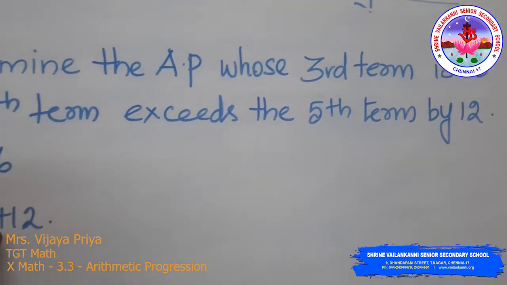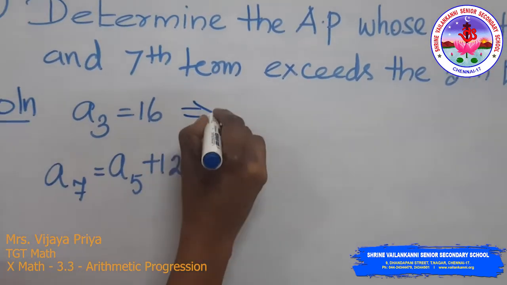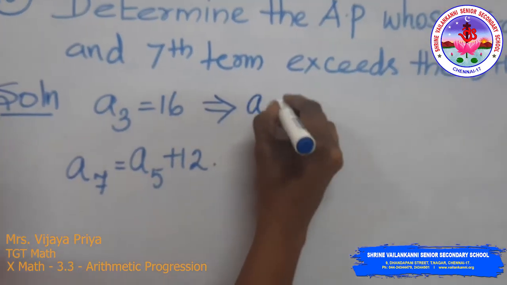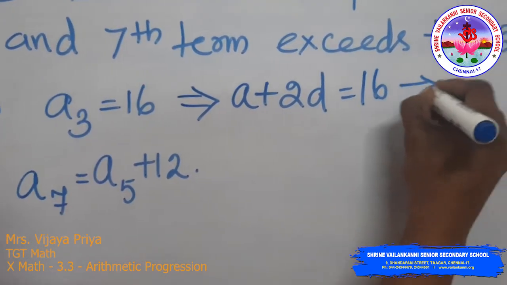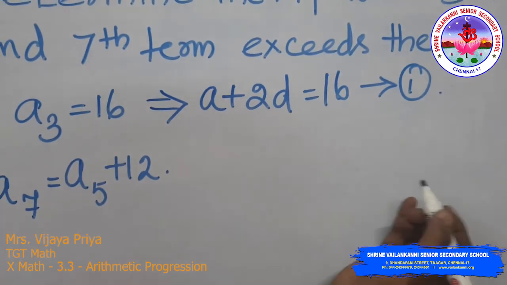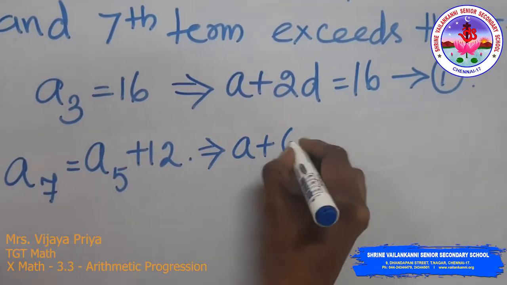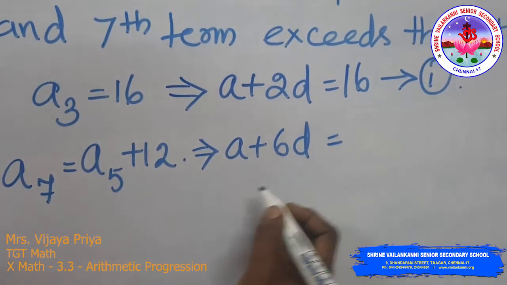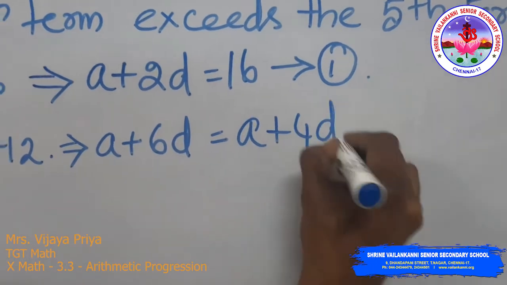I am going to expand these two using the nth term formula. a3 can be expanded as a plus 2d, which is equal to 16. Call this equation 1. Then a7 is a plus 6d, which is equal to a5, a plus 4d, plus 12.